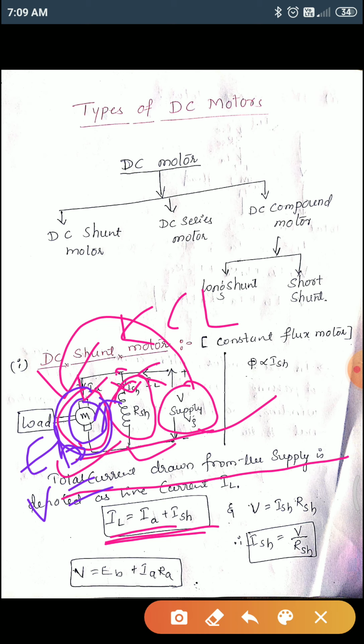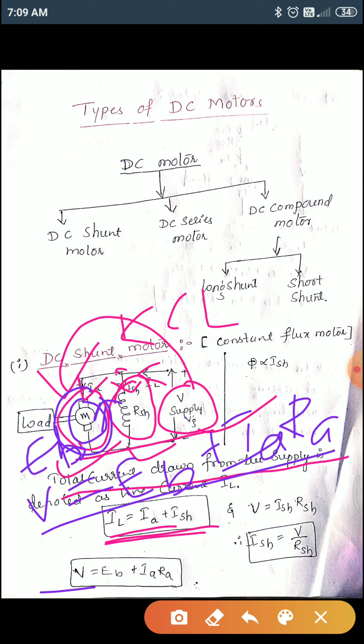Therefore V will be equal to EB plus IA RA. So the first equation is V equal to EB plus IA into RA.